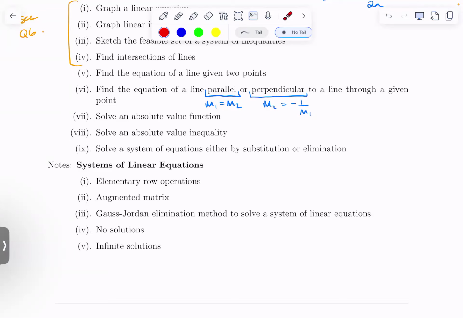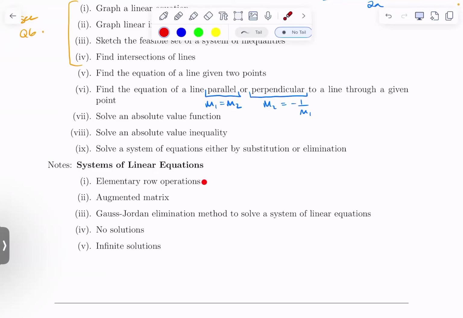But we developed a quicker way of solving those using matrices. You can use substitution, but I'm not going to test you on substitution or elimination. We were just building up to the next section, which is systems of linear equations.